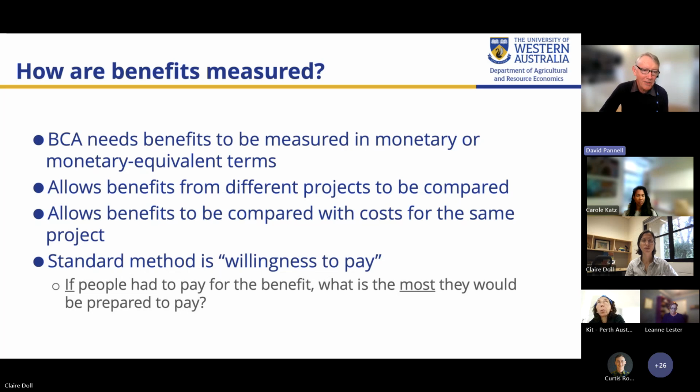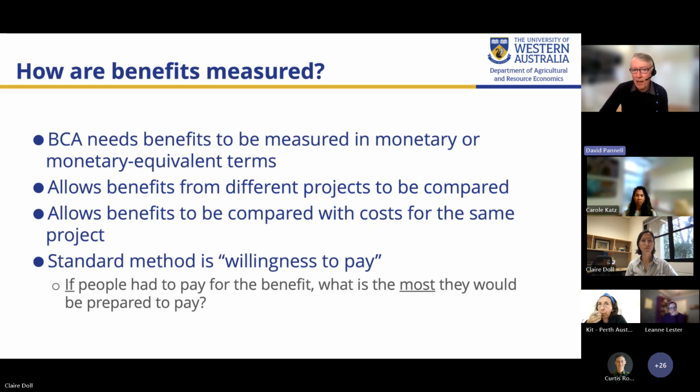But the advantage of this is that it allows the benefits to be compared for different projects very easily because they're in a common currency. But it also allows the benefits to be compared with the costs for the same project. So you can actually make deductions about whether the overall benefits exceed the overall costs, which is very difficult if we are not expressing everything in the same currency.